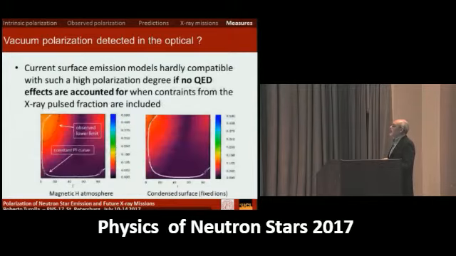And if you take into account the different models, and you also take into account that we know the pulsed fraction in the X-rays, which is very small, 1.2%, you put everything together, the models without any QED accounted for work only marginally.